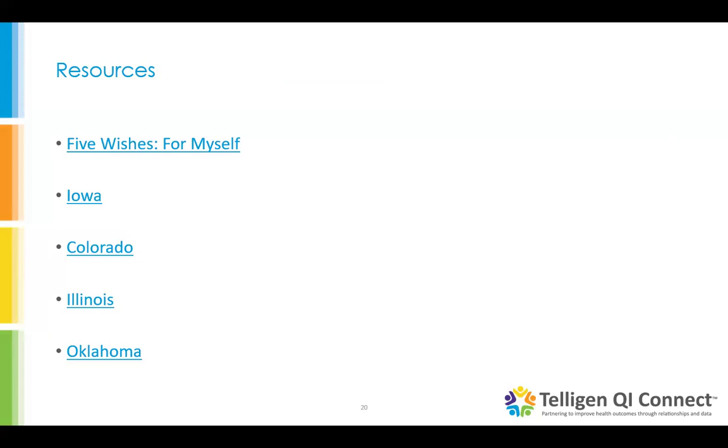Here are some state-specific resources and a link to 5 Wishes, which is the only national advanced care planning program. Also, the Conversation Project has been linked in the citations for many of these slides. It's from the Institute of Healthcare Improvement.